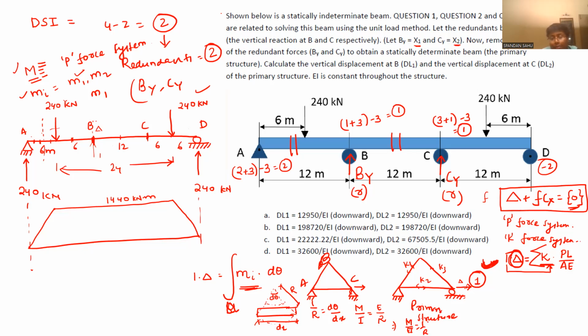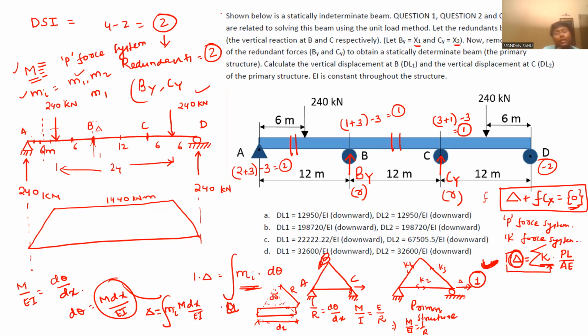Substitute 1 by R as d theta by dx. Now what will you get? M by EI equal to d theta by dx. Now d theta will be equal to M dx by EI. And substitute this here. What will you get? Delta equal to integral of m M dx by EI.